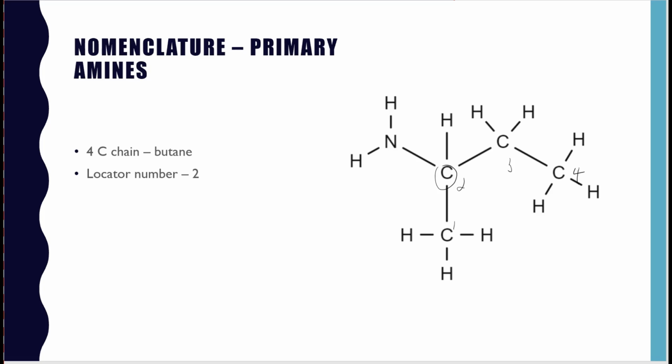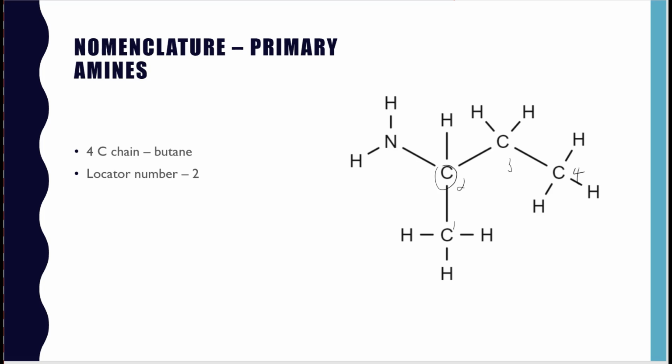So we've got a 4 carbon chain, which tells us that the prefix is but. They're all single bonds, so it's a butane. Our locator number, which is where the nitrogen is attached, is number 2. So our suffix for this one is going to be amine.